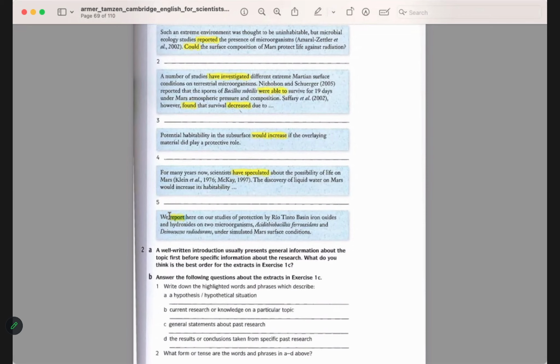Three more words. This group. We able to. Maybe. We're able to. Yes. And decreased, and found. Okay, so for hypothetic situation, we use what tense or what form of the verbs?